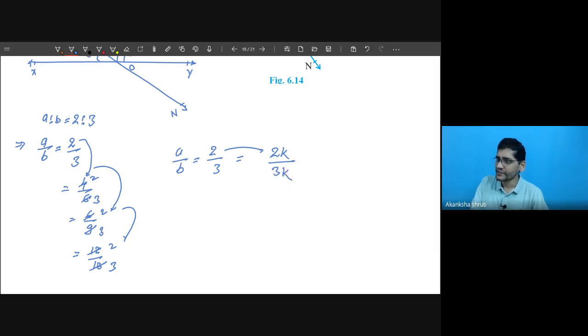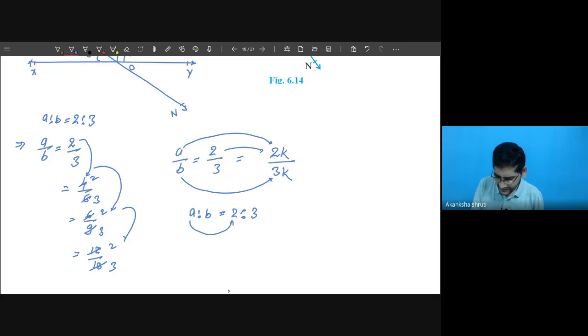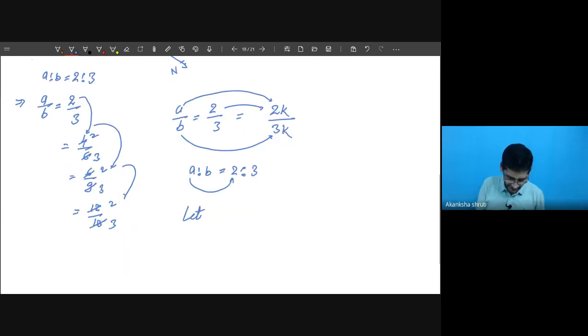That's why you shall take A as 2K and B as 3K. Whatever the ratio given, here A is to B is given as 2 is to 3, so you take A and B like that. Based on what I have explained, you have to start from here.